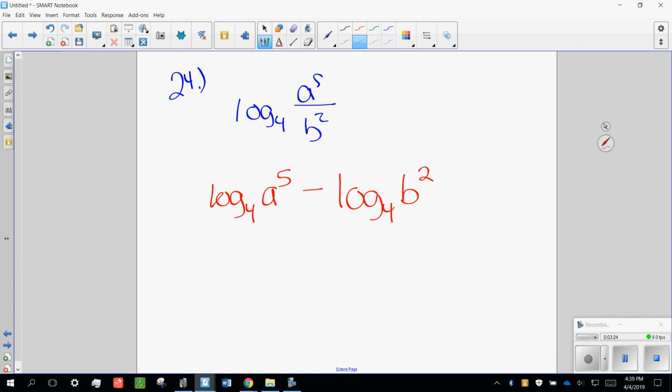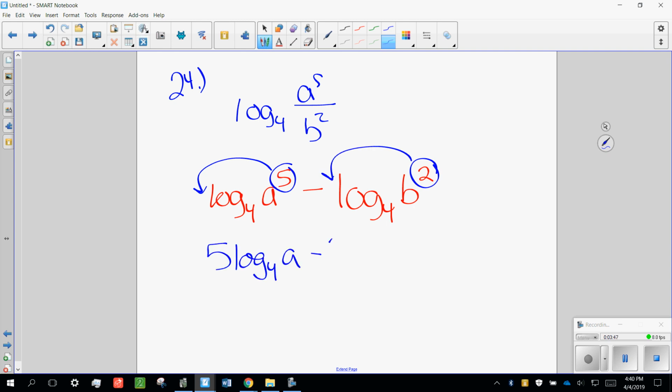So just like with exponents, if we had a to the 5th over b squared, we would subtract those exponents, 5 minus 2. We're going to subtract the top and the bottom as logs. So division leads us to subtraction. And then again we have powers that we're going to bring out to the front of our logs. 5 log base 4 of a minus 2 log base 4 of b.